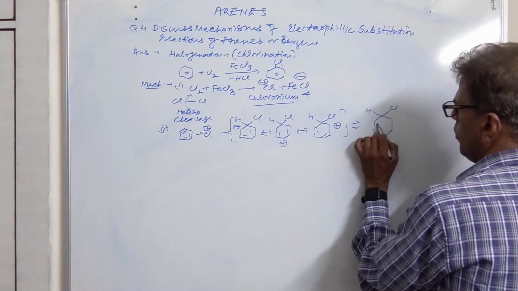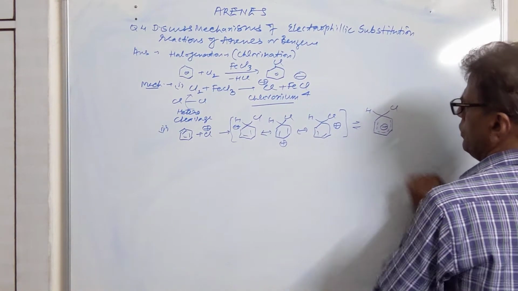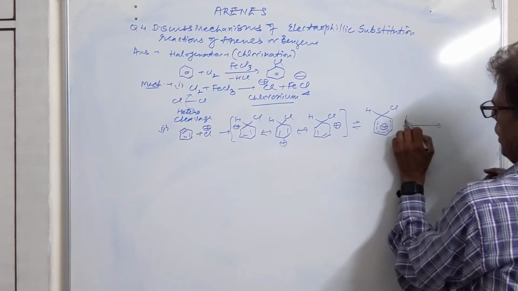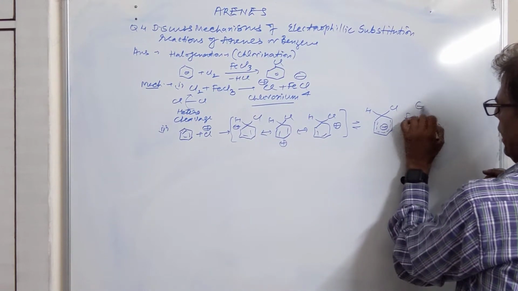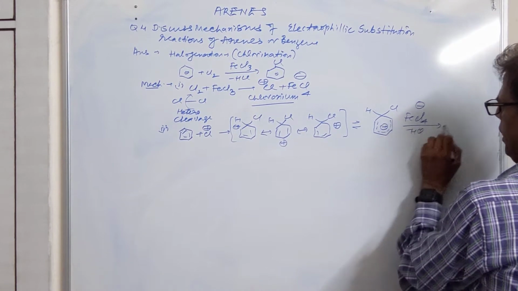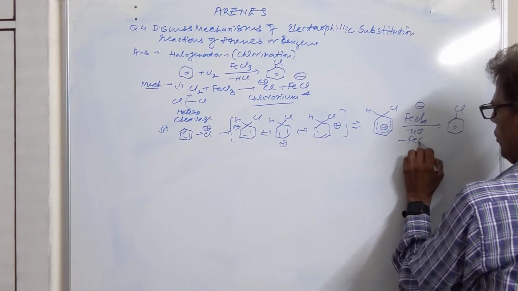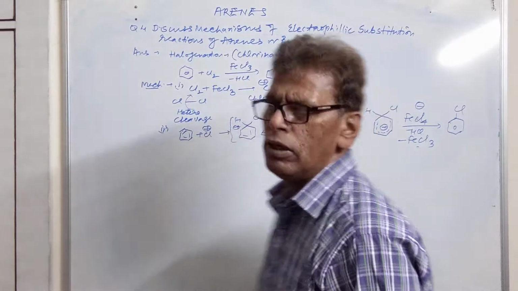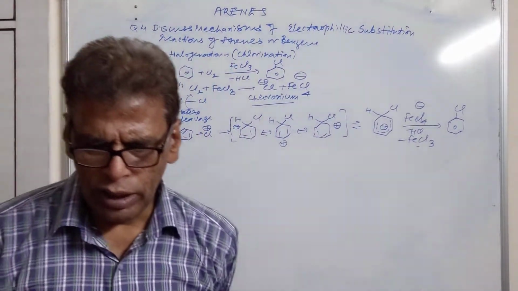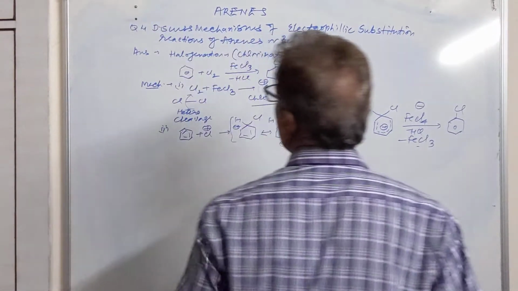Positive charge flows from this position and comes back to this position. Now this structure combines with FeCl4 negative, Cl combines with H, producing HCl, and we get chlorobenzene. Loss of FeCl3 takes place. So this is the mechanism of chlorination of benzene, and now we consider the mechanism of nitration.